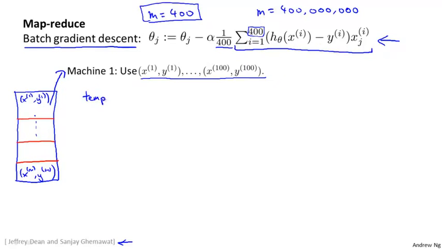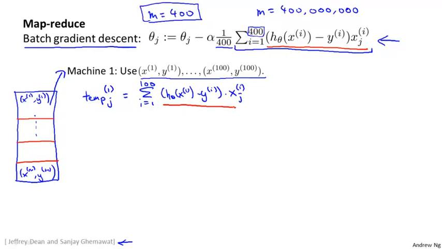I'm going to compute a variable temp1_j, where the superscript 1 denotes the first machine, equals the sum from i equals 1 through 100, and then I'm going to plug in exactly that term there. So I have h_theta(x_i) minus y_i times x_i_j, right? That's just that gradient descent term up there.